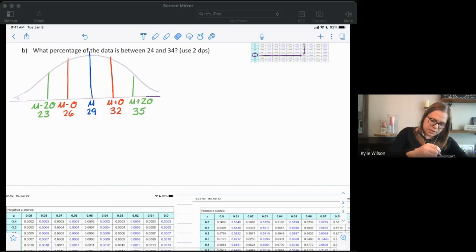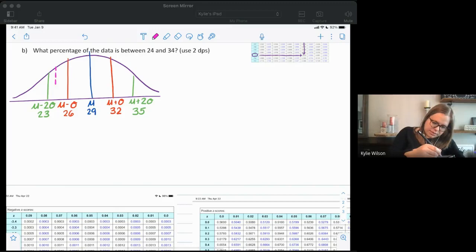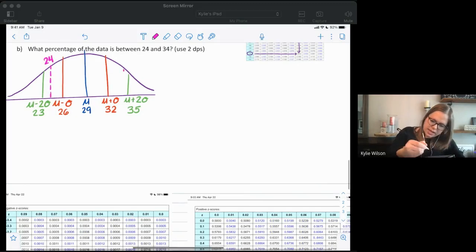Sorry about that. Okay, so here's our graph again. This time around, we want to determine what percentage of the data is between 24 and 34. So I'm just going to mark those on our graph. So between 24 and 34.